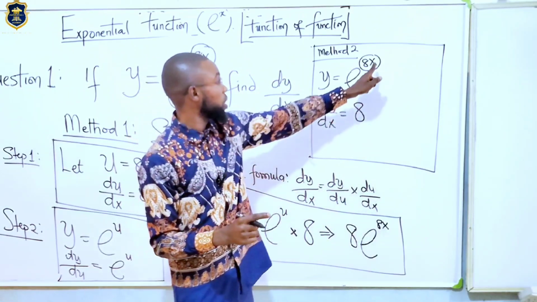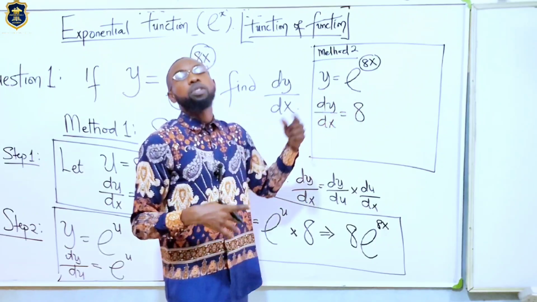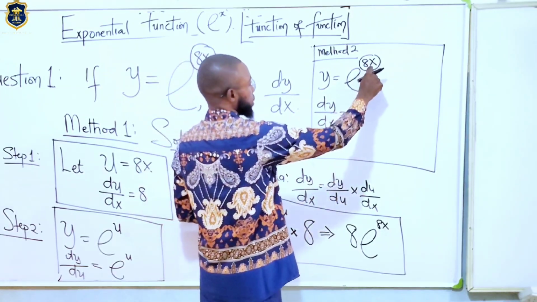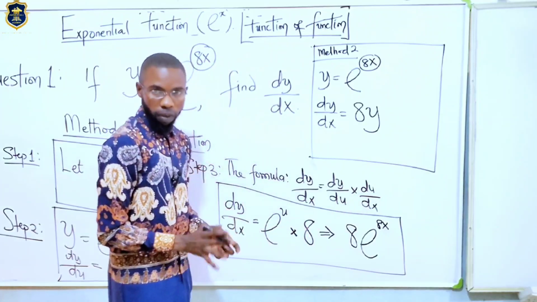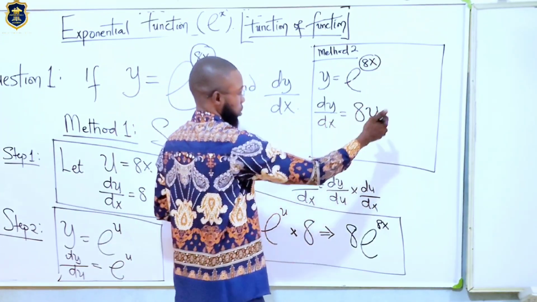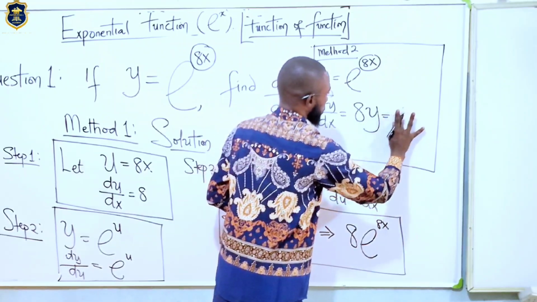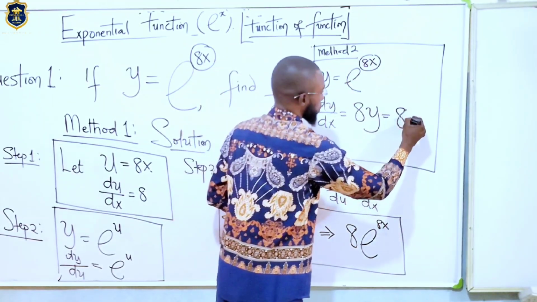When you are done differentiating 8x, just fix the same value of y down. It's like saying differentiate the index first and then put y. What's the value of y? Y is e raised to power 8x.